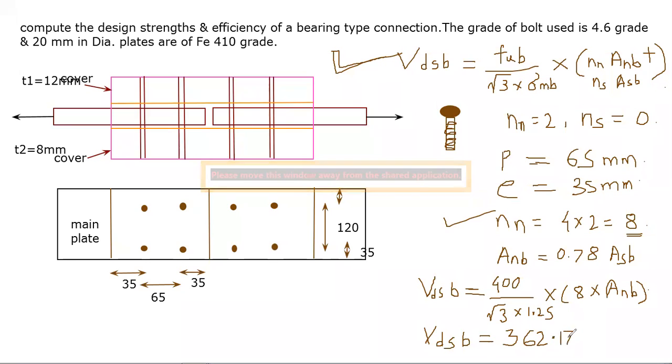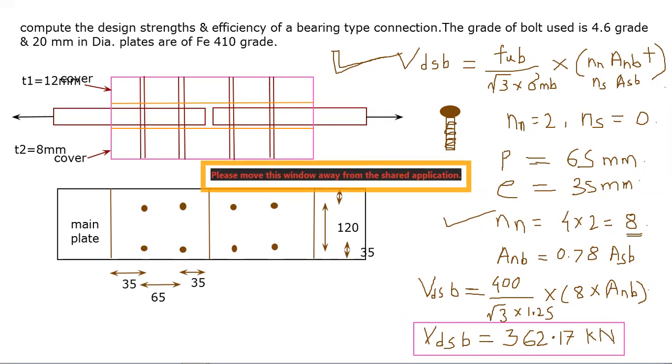You will get the value in Newton, then you multiply it with 10 raised to minus 3, you will get the value in kilonewton. So this is the value for your shearing strength of the bolt.